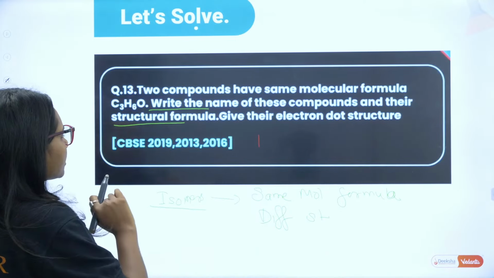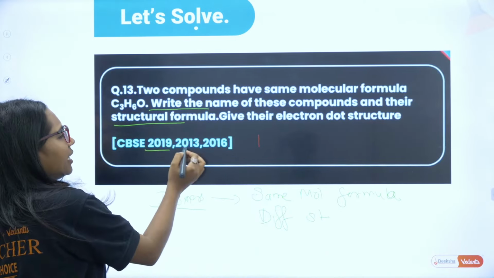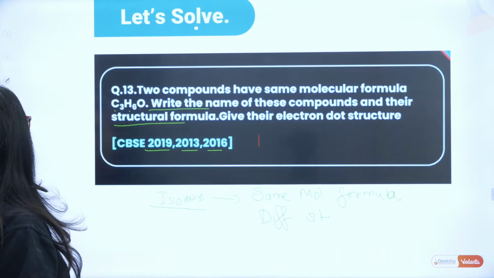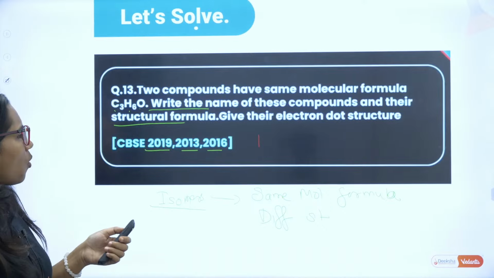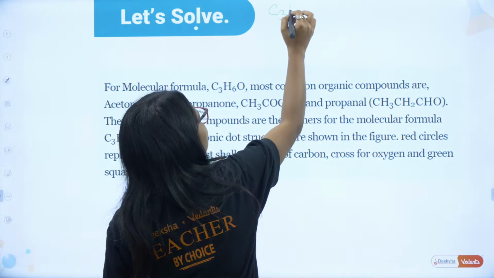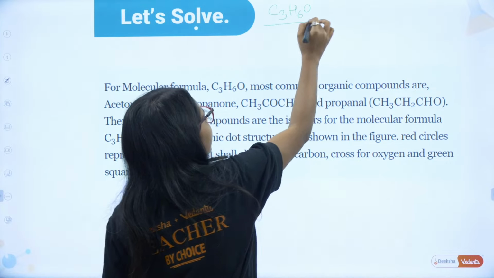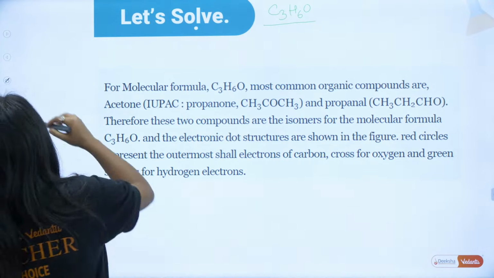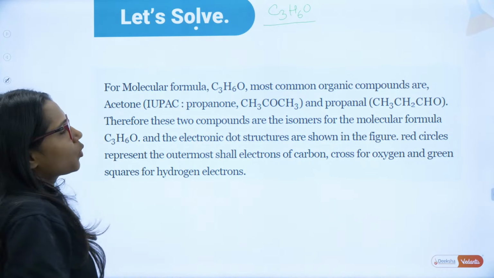Give their electron dot structure. See, 2019, 13 and 2016. C3H6O. Now let's try what we can do with this. C3H6O.